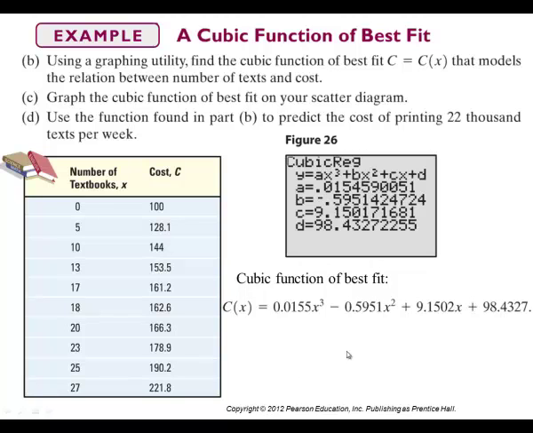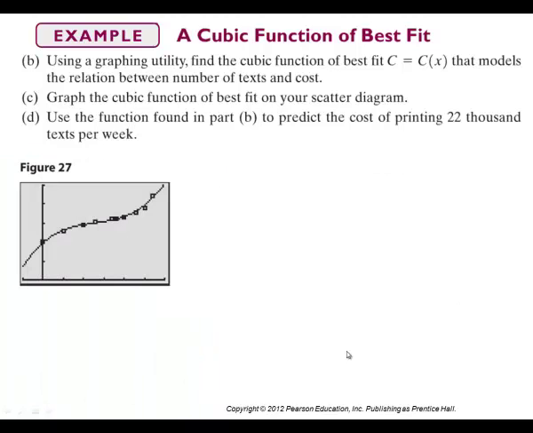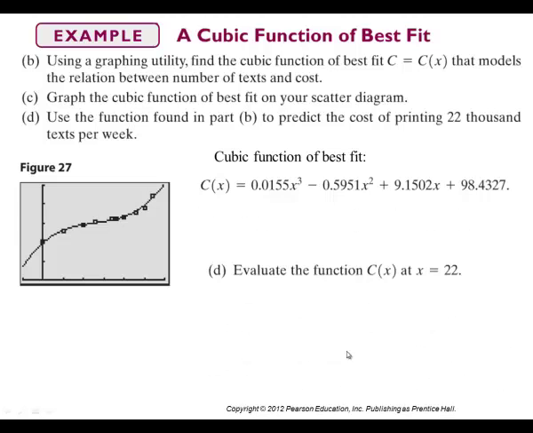Okay, and so we're going to round these off to 4 decimal places. Alright, so we're not going to do the vars, just put it in like that. Okay, main thing is you're going to look at to see what your window is going to look like. Alright, and so we get our cubic function.